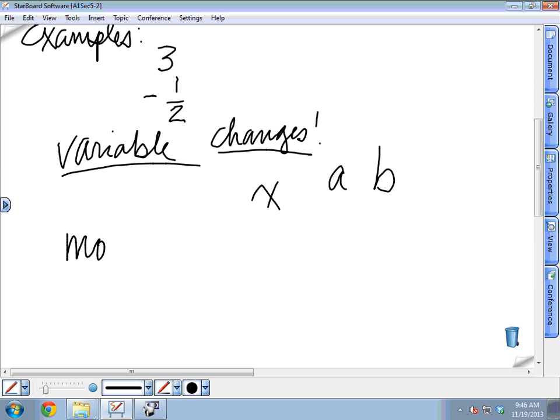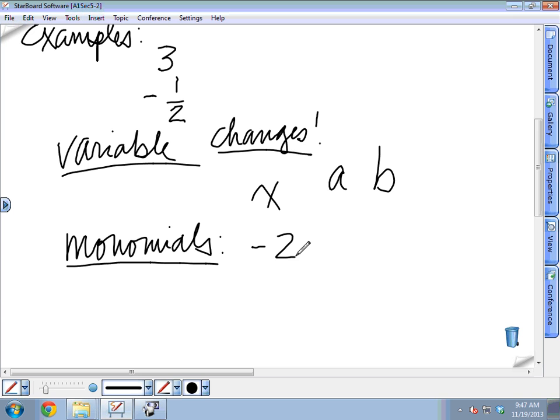So some examples of monomials. Let's take an example. -2. Here's an example. It has no variable, but it does have a sign and a coefficient of 2. This is a constant monomial.